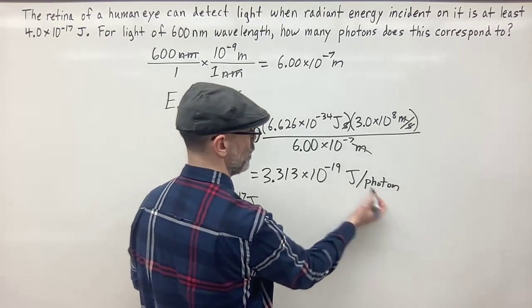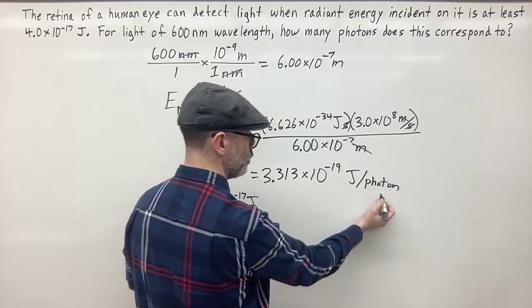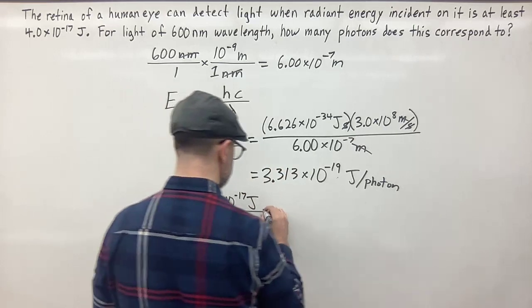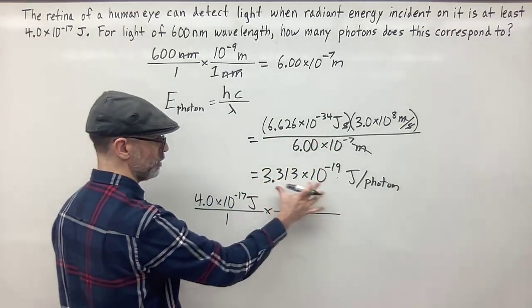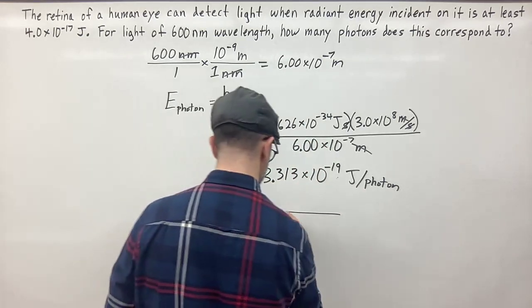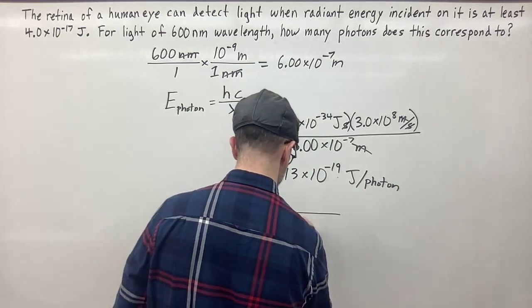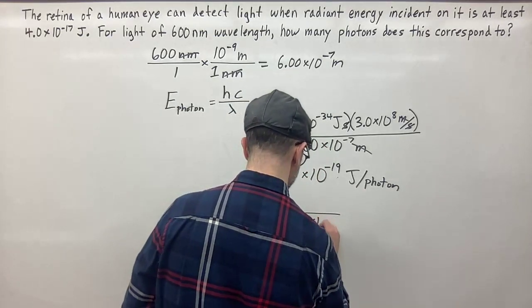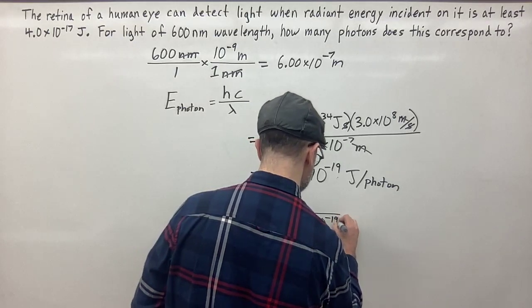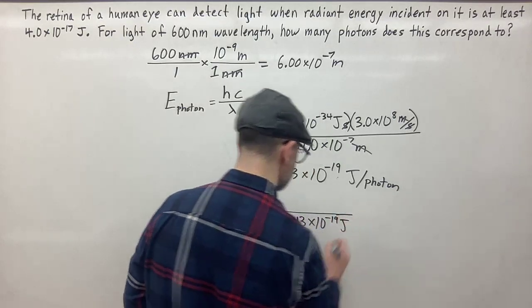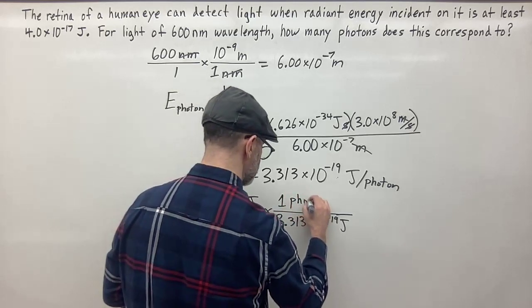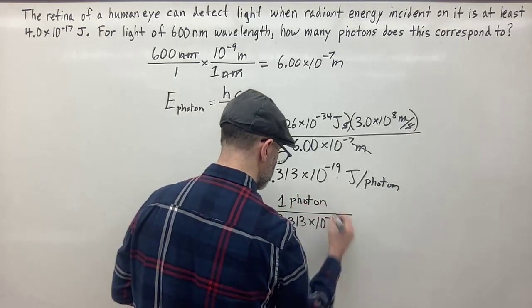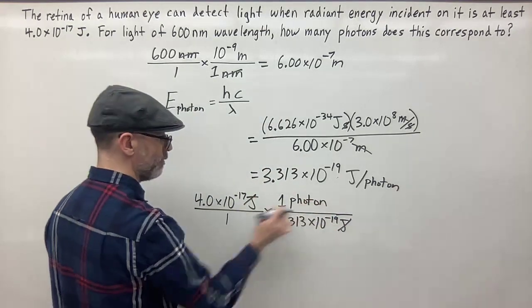Here I have the relationship of joules to photon, so I can put 3.313 times 10 to the negative 19 joules on the bottom, and then 1 photon on the top. Joules cancel out, and I have photons.